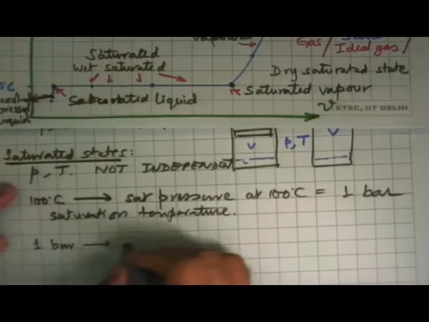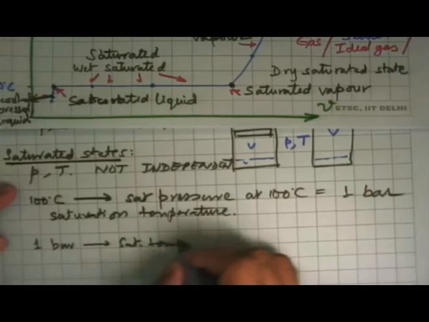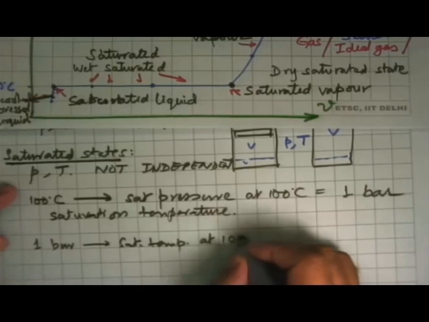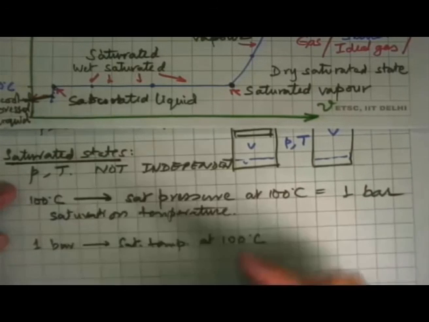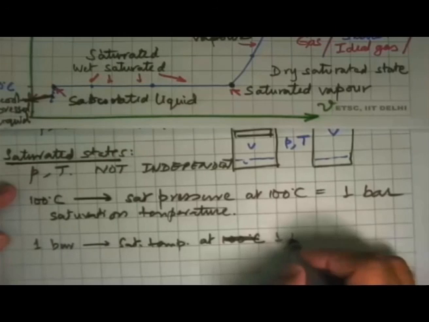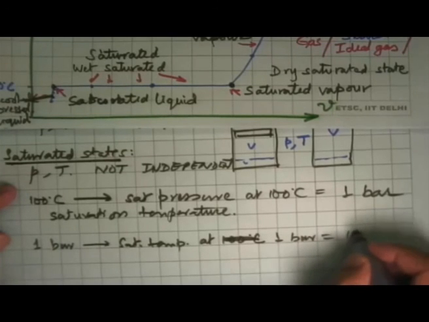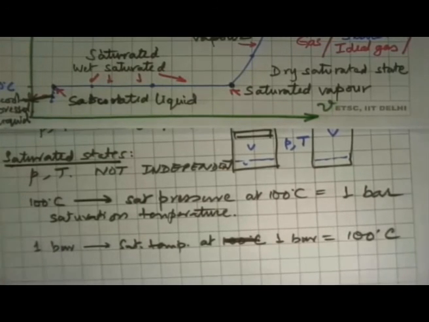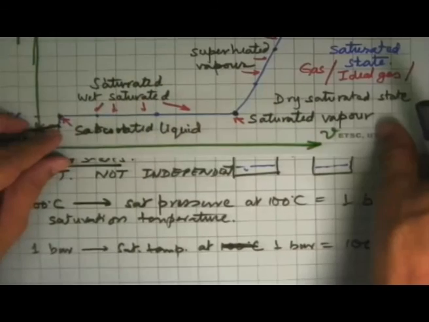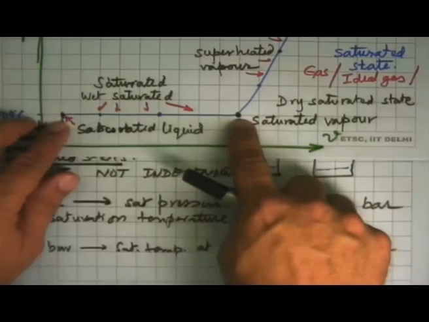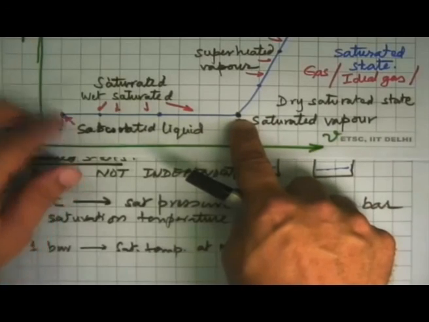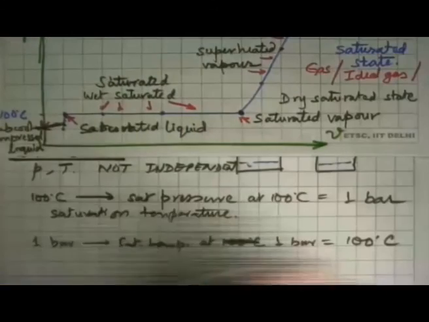Well, for that we say, well, tell me what is the saturation temperature at 1 bar, and the answer is 100 degrees Celsius. So by knowing the pressure, we can know the corresponding temperature at which a saturated state can occur, which means that it could be either saturated liquid, saturated vapor completely, or any mass mixture of these two. So this is what is happening.